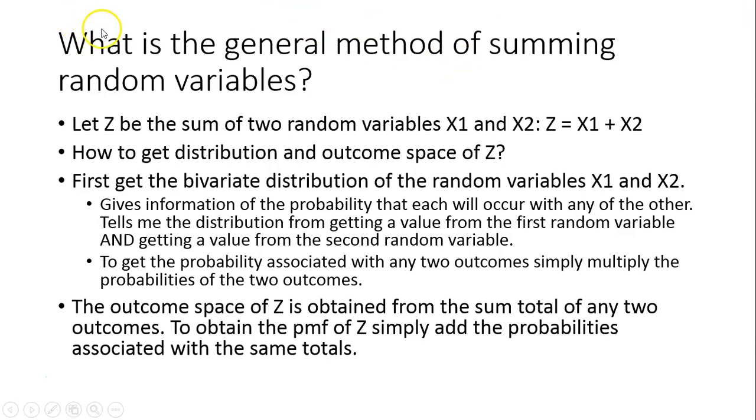So what is the general method of summing random variables? I just showed you how to do it with an example. If you want to sum two random variables, you first have to get the outcome space of z. The outcome space of z is obtained from the sum of the totals of any two outcomes.